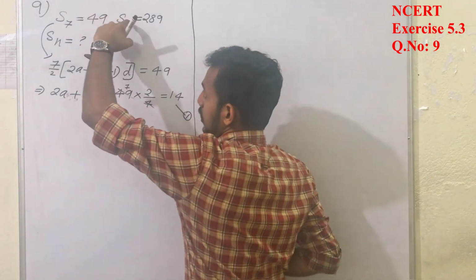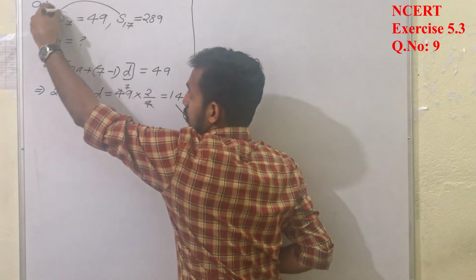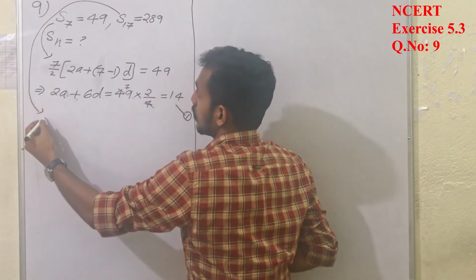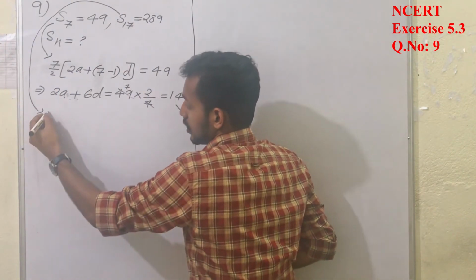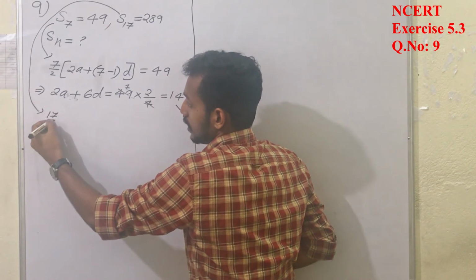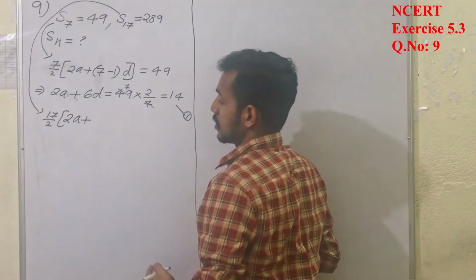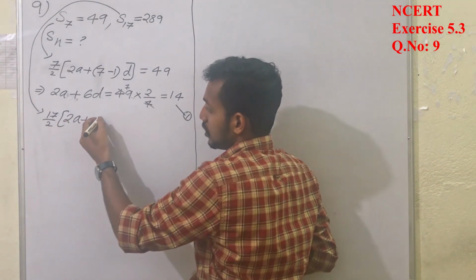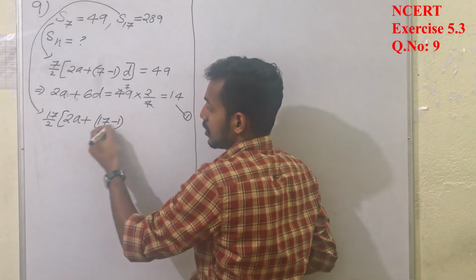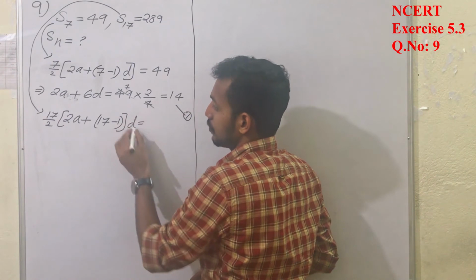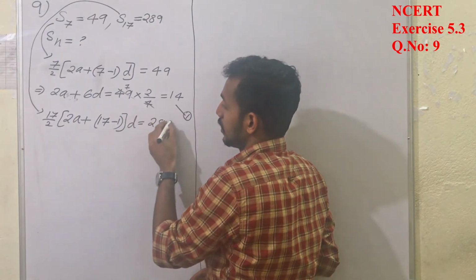Similarly, we are going to take this condition that S17 is equal to 218. So that implies 17 by 2 into 2a plus 17 minus 1 into d is equal to 218.